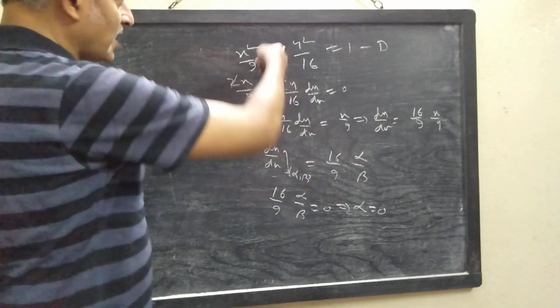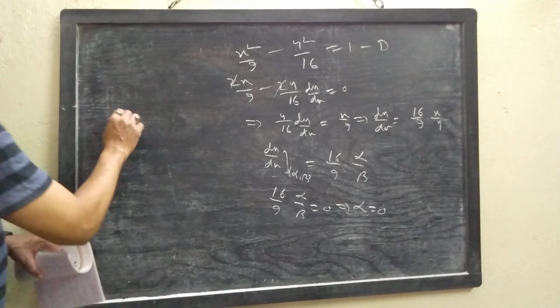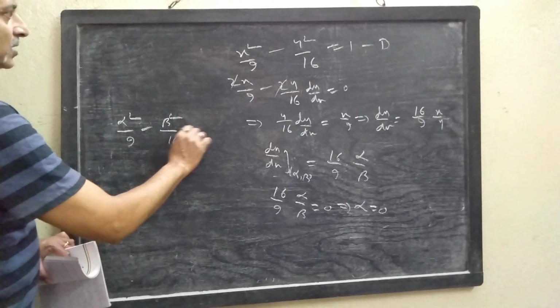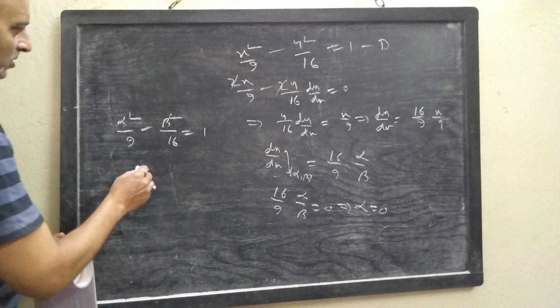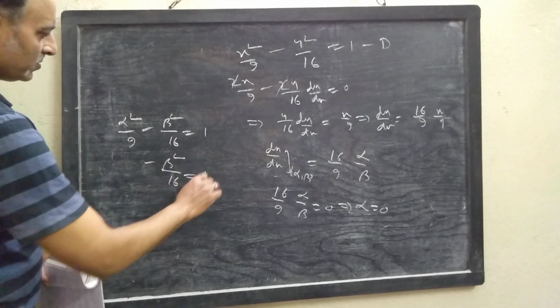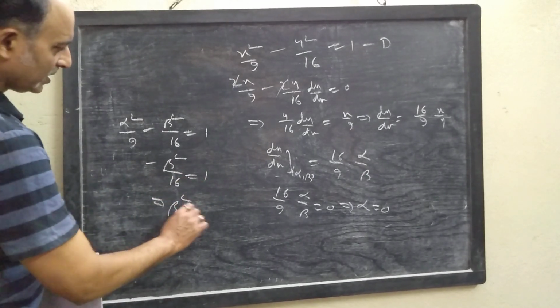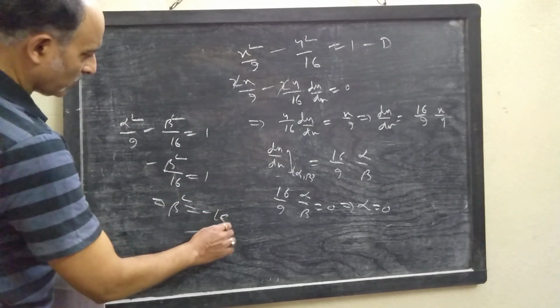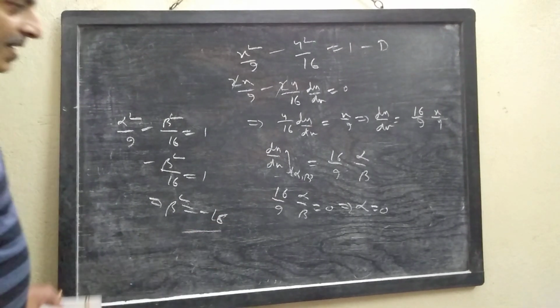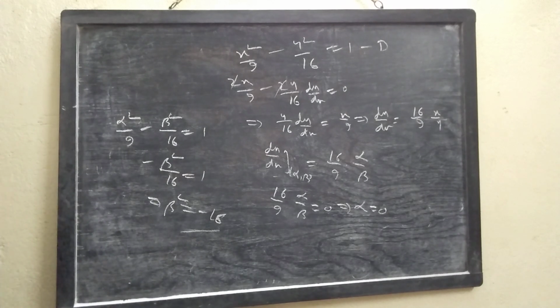Now, as (alpha, beta) lies on this curve, you get alpha square by 9 minus beta square by 16 equals 1. Put alpha equals 0 here, you get minus beta square by 16 equals 1, that is beta square equals minus 16. This is not possible for any real beta. So your conclusion is there exists no such point on the curve at which the tangent is parallel to x-axis.